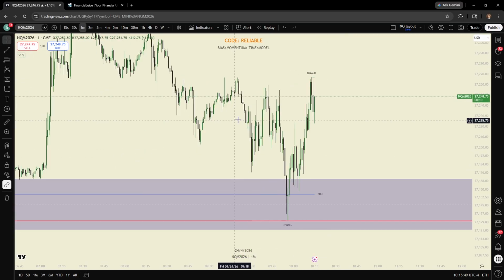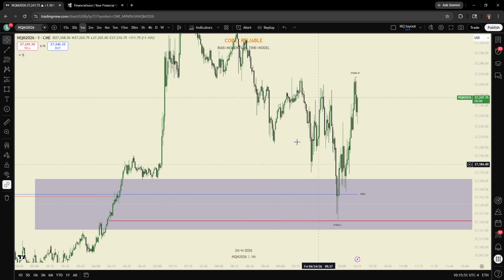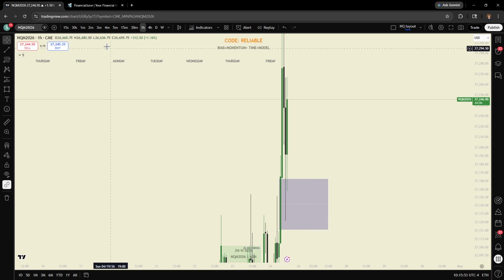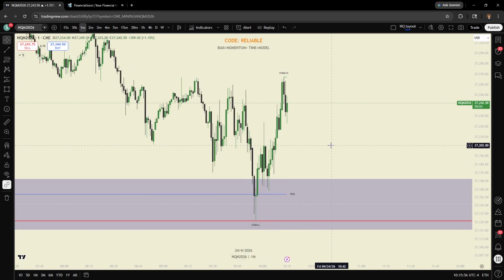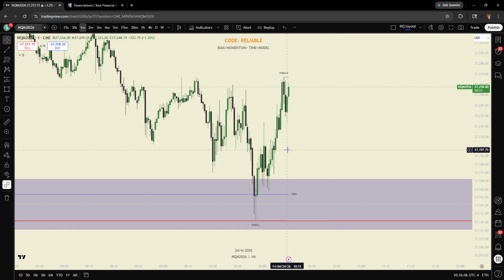And I think I said this morning my dream scenario was a Judas swing down, right? To target the 1 hour unfilled gap and then a move up. Is that what we got today? Yeah, the second 1 hour, exactly.